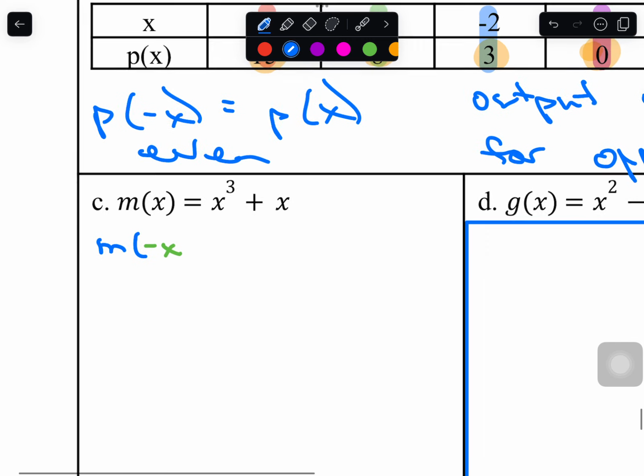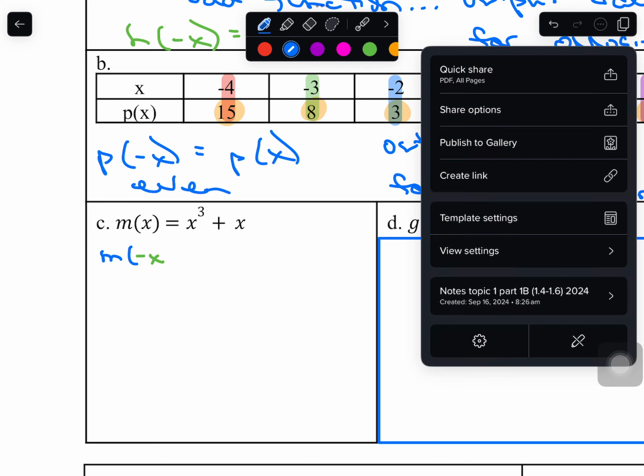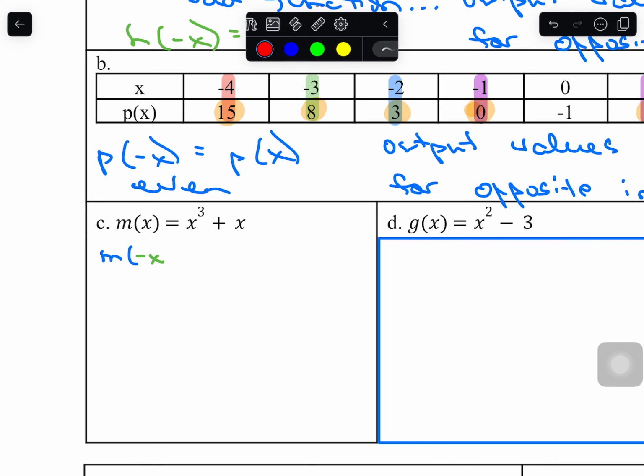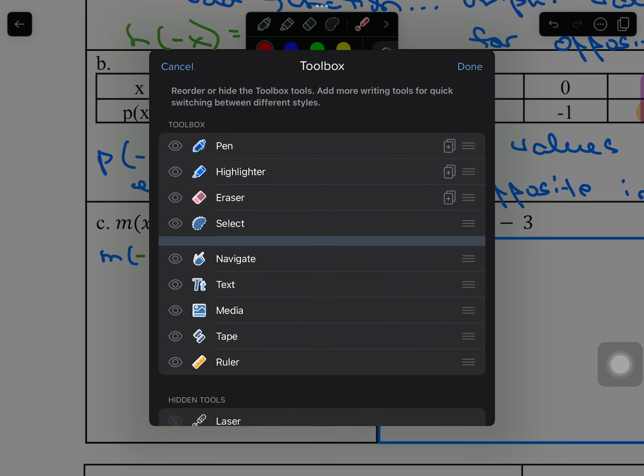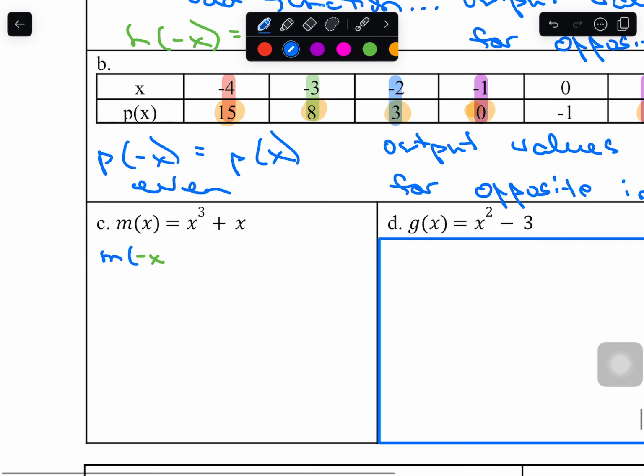Still doesn't work. Just give me a second. Sorry guys for the hold up. I always have a problem with disconnecting this. Okay, so just bear with me here. Hold on, I'm going to unplug my screen for a second and I'll come right back.